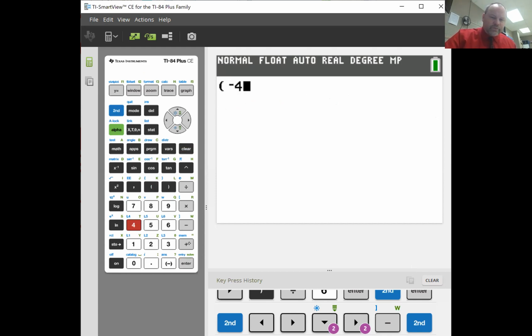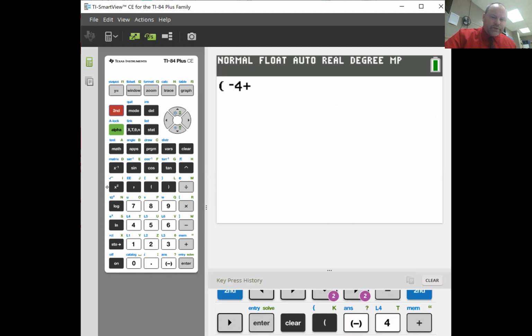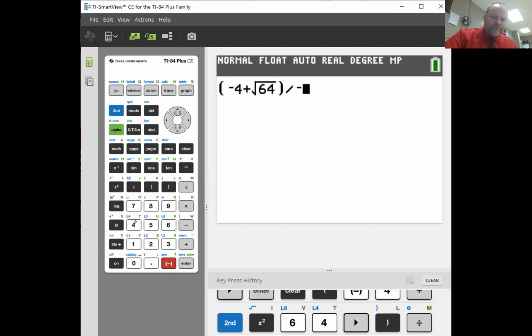So negative 4 plus the square root of 64 divided by negative 4. And we get an answer of negative 1.